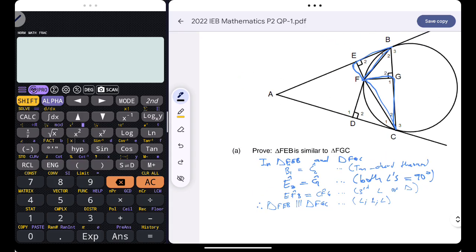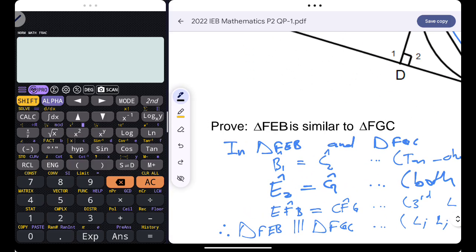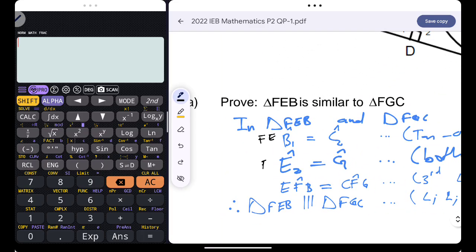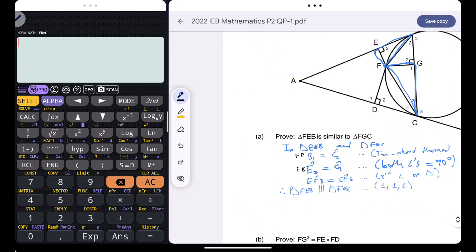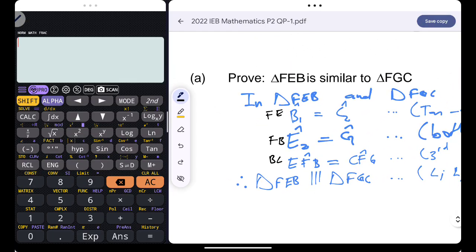If I focus only on triangle FEB, angle B1 is subtended by line FE, angle E2 is subtended by line FB, and angle EFB is subtended by line BE.